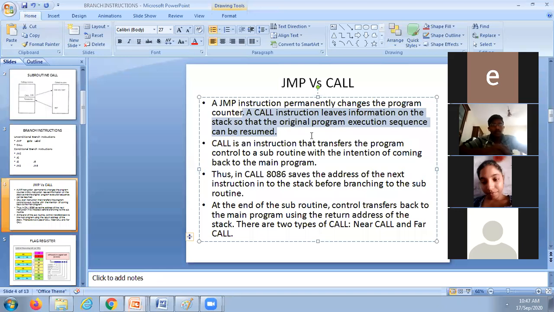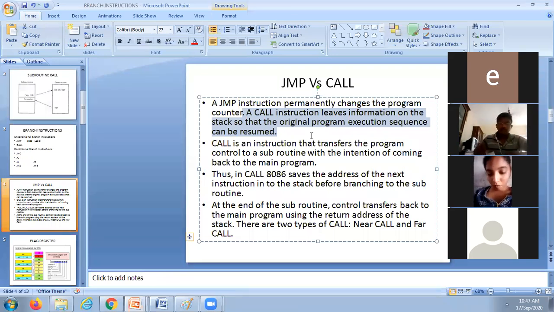Yes, that is the CPU register set. The entire CPU register set is to be stored onto the stack. That is called the status of the program.